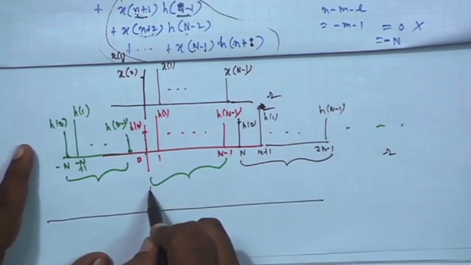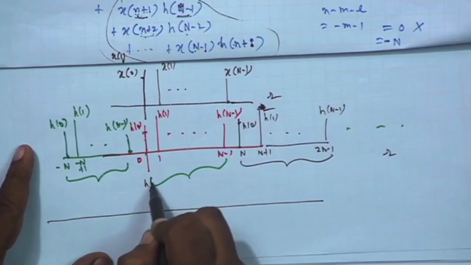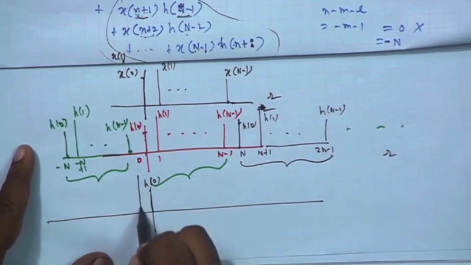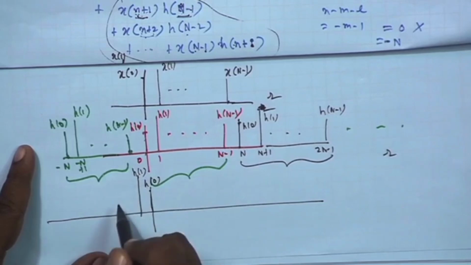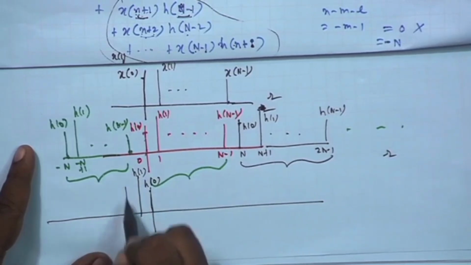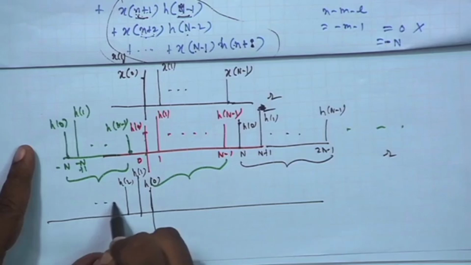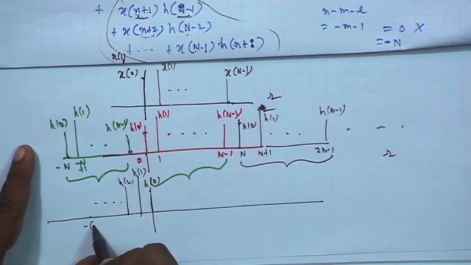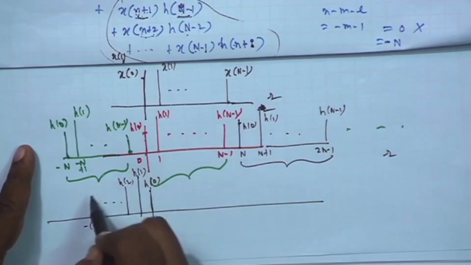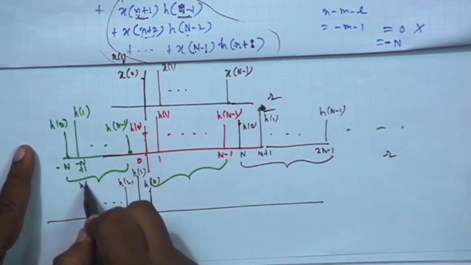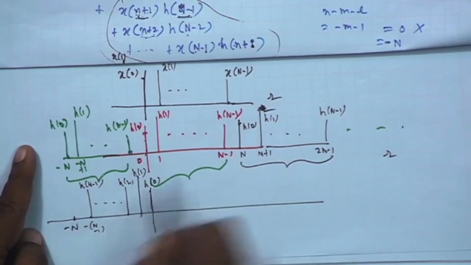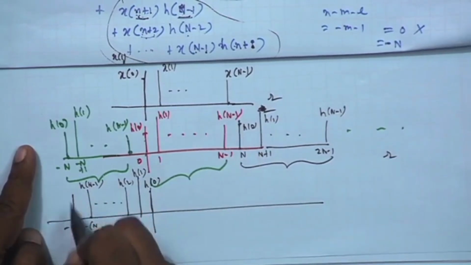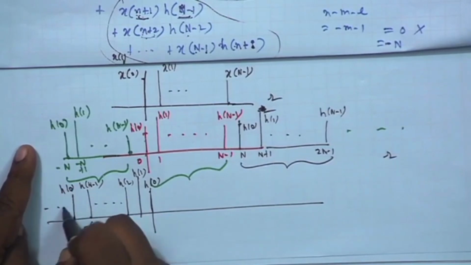So, flipping means H0 will remain here, this H1 will go here, dot dot dot, H n minus 1. So, at minus n minus 1 this one will go, then at minus n this H0 will go, dot dot dot.